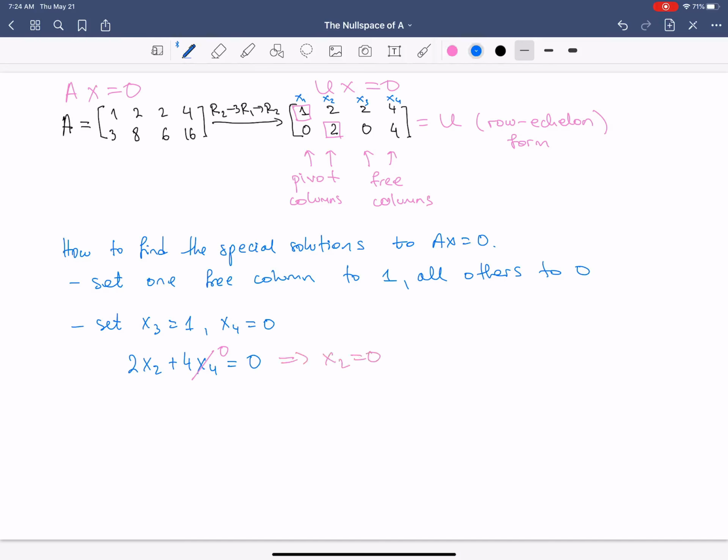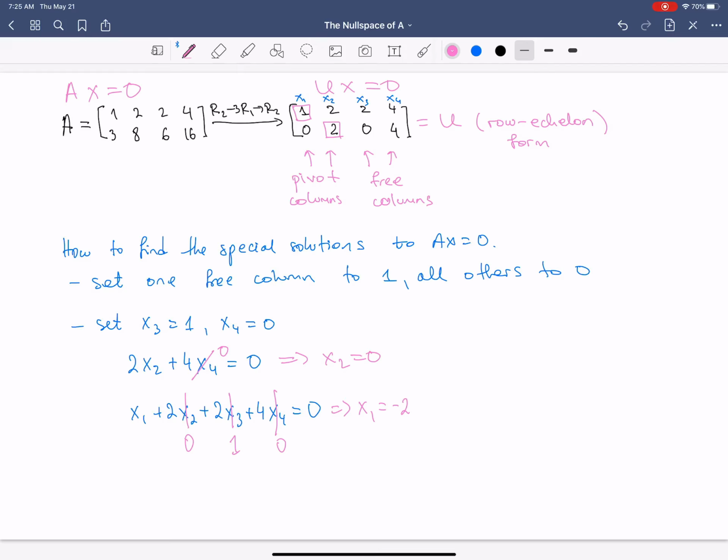Now we look at the first equation, which says x1 plus 2x2 plus 2x3 plus 4x4 is 0. Now what do we know? We know that x3 is 1, x4 is 0, x2 is 0, and so we can find x1 easily. x1 is equal to -2.